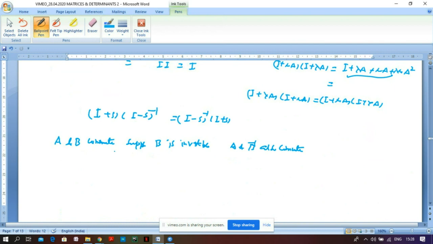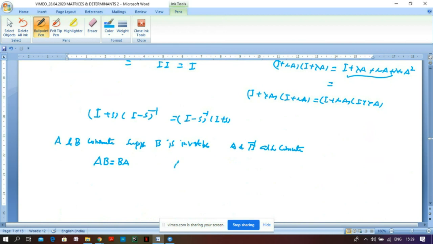So you are saying that A and B commute. So we can simply write that AB equal to BA, this is commuting, and B is invertible. So B is invertible, then we can multiply by B inverse.